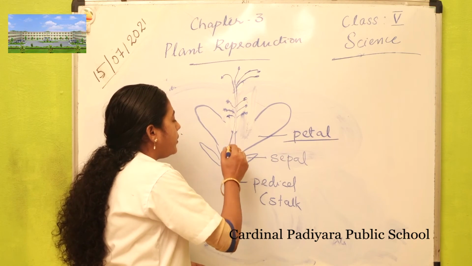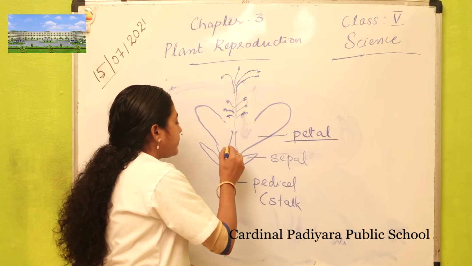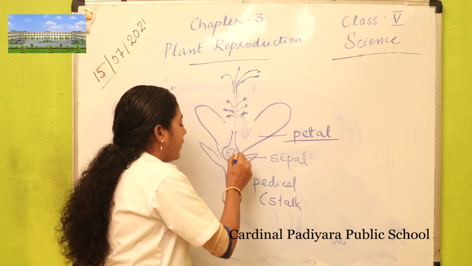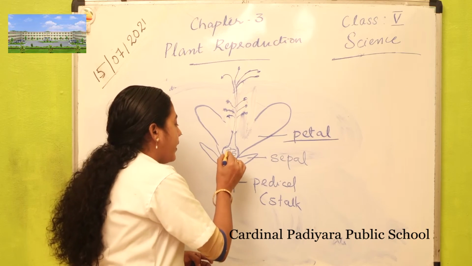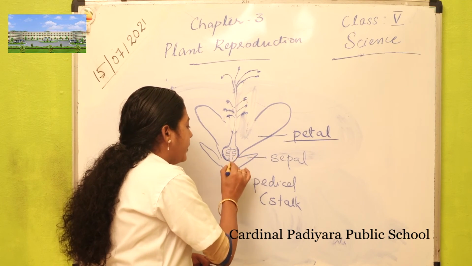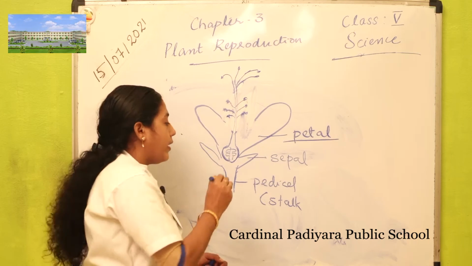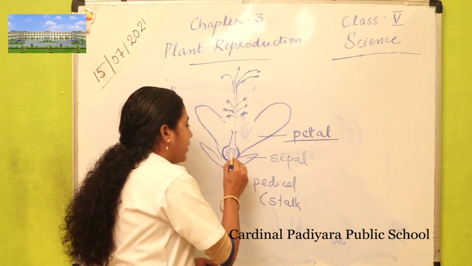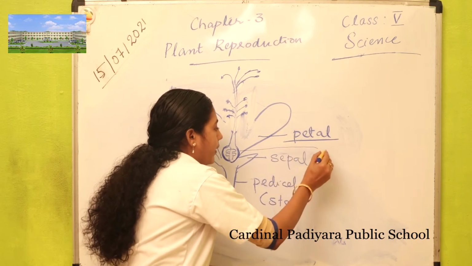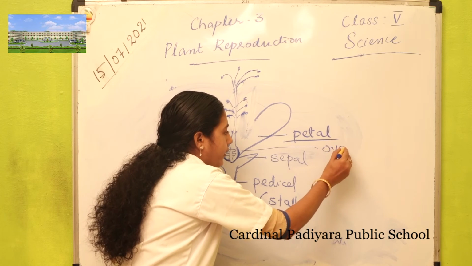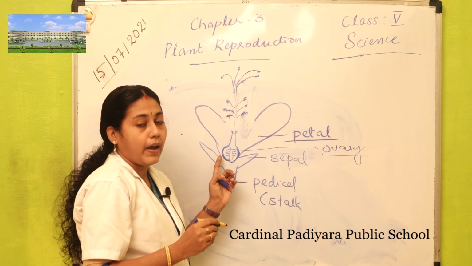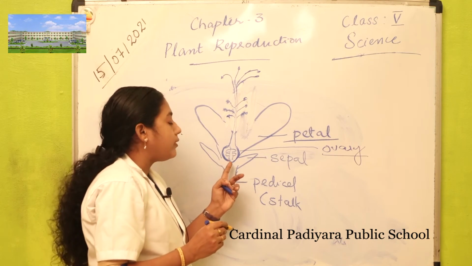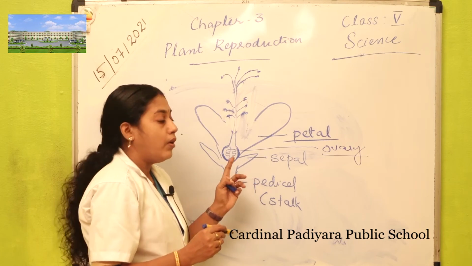When we cut a flower into two equal halves, we can see an ovary inside the flower. This oval shaped structure inside the flower is called ovary. And when the fruit matures, this ovary changes into fruit.